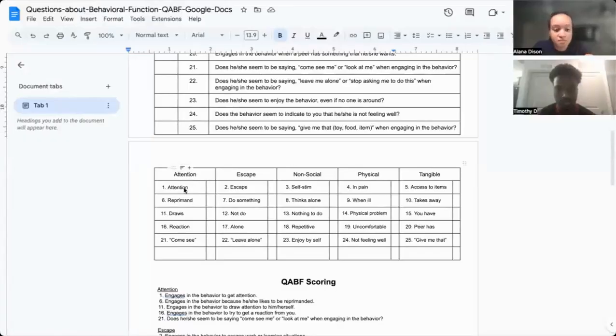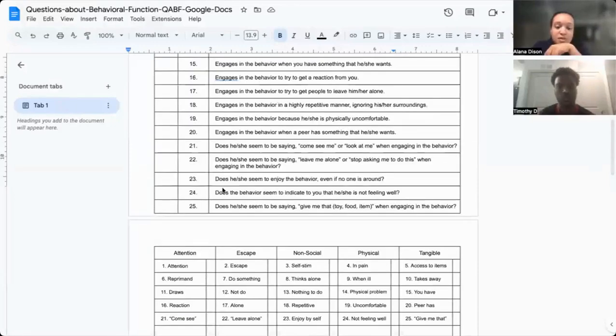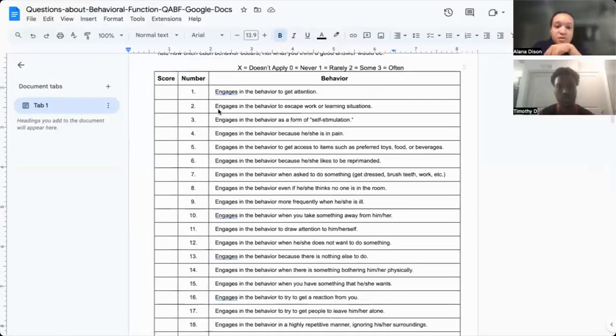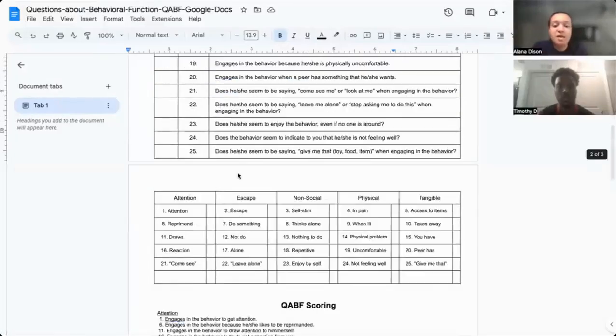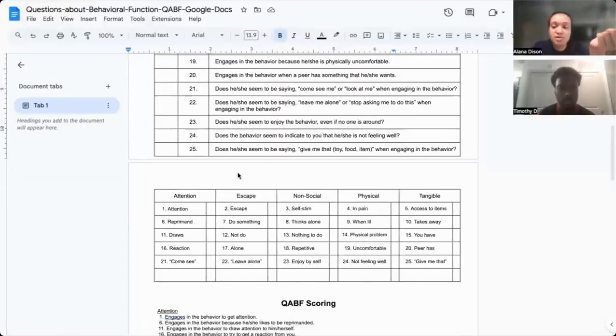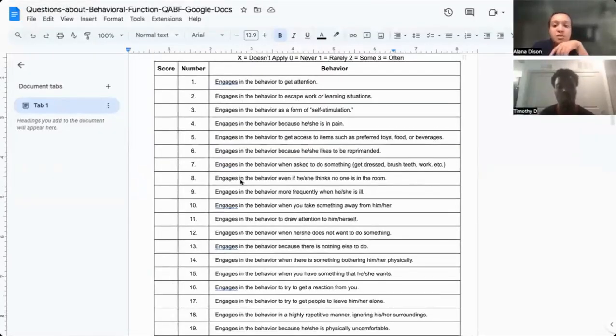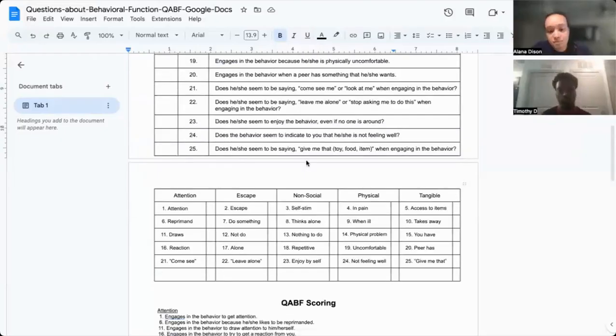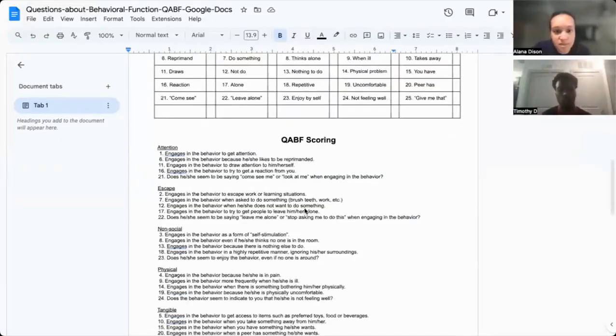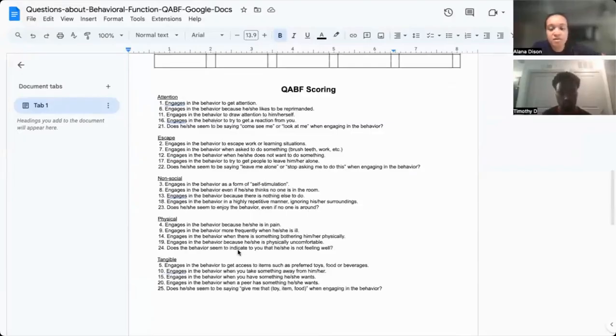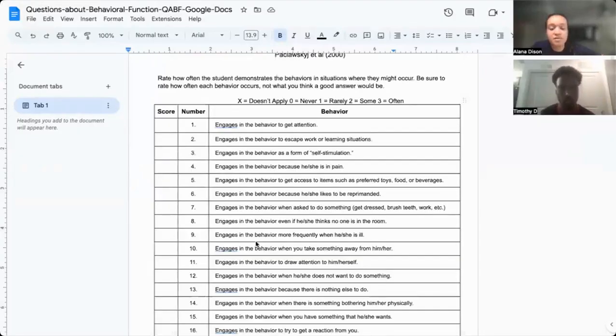Under attention are certain questions. For attention behaviors, numbers 1, 6, 11, 16, and 21 refer to attention. And for escape, it's the same thing. The questions pertaining to escape are numbers 2, 7, 12, 17, and 22. So this would be the guide when we score. These are really the questions, but I just go from up here and score it.